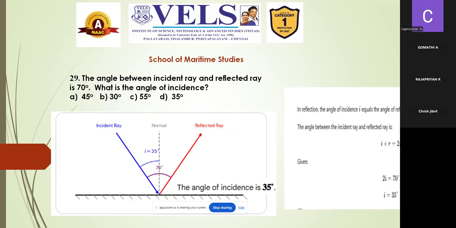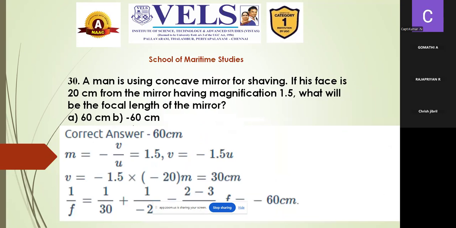The angle between the incident ray and reflected ray is 70. So 2i is equal to 70. i is equal to 70 divided by 2, which means 35 degree. So the angle of incidence i is equal to 35 degree.